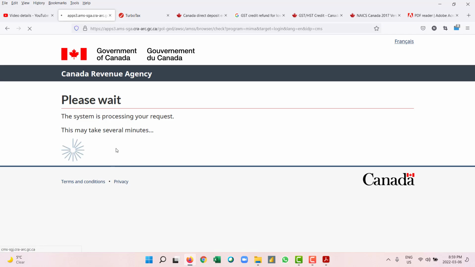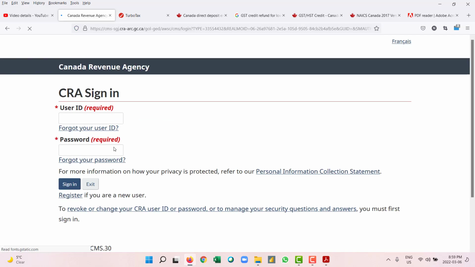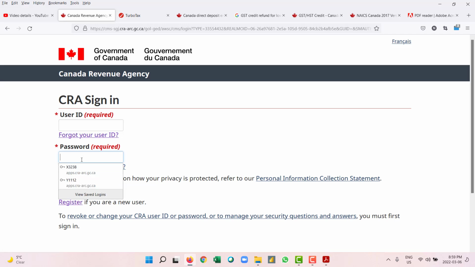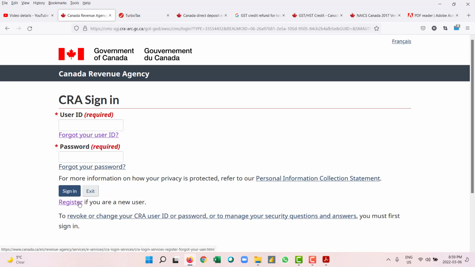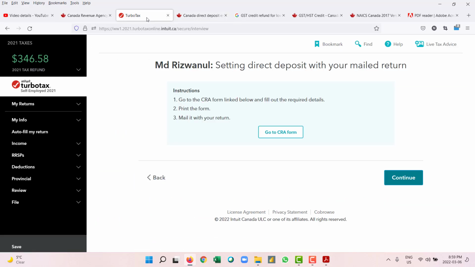You can set up your direct deposit information here. I don't have a sign in right now, but you can register with your SIN number here, click register, and set up your direct deposit option from here.